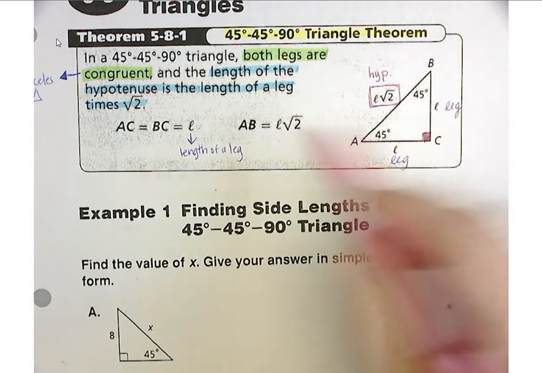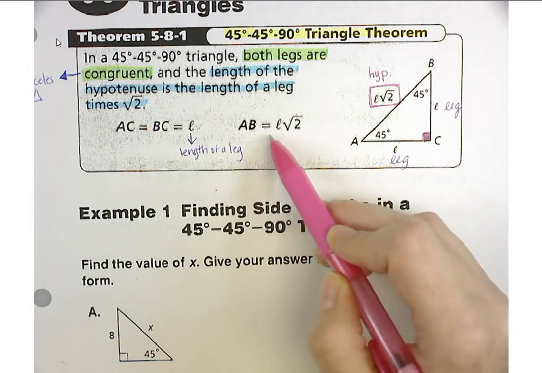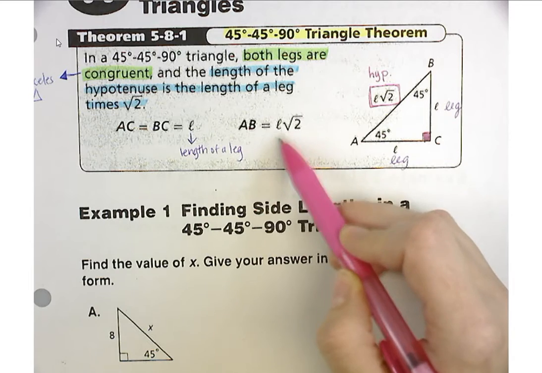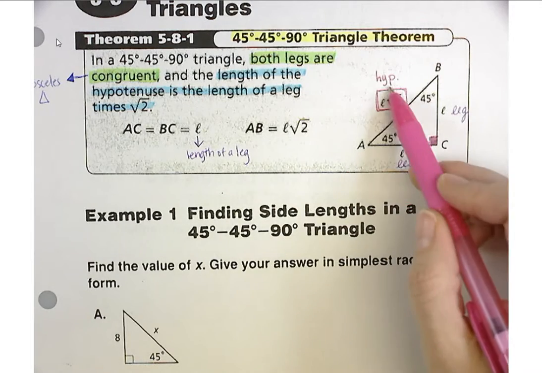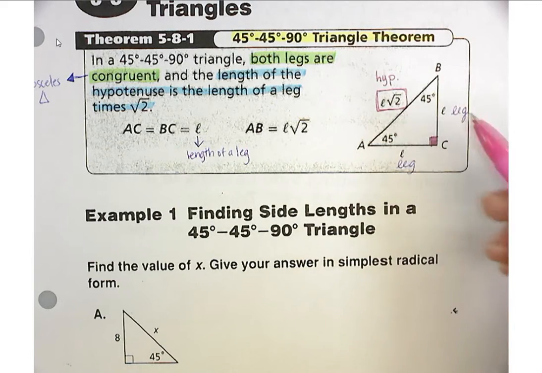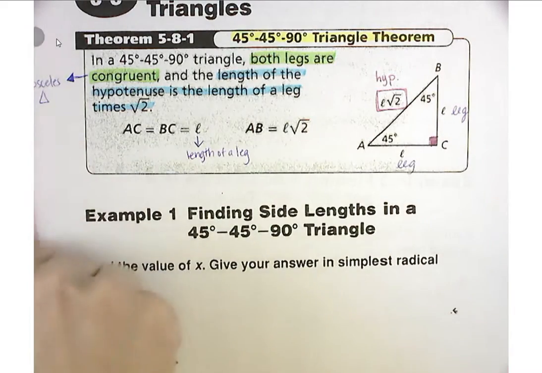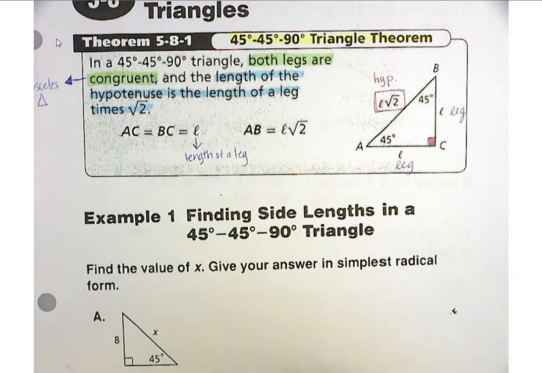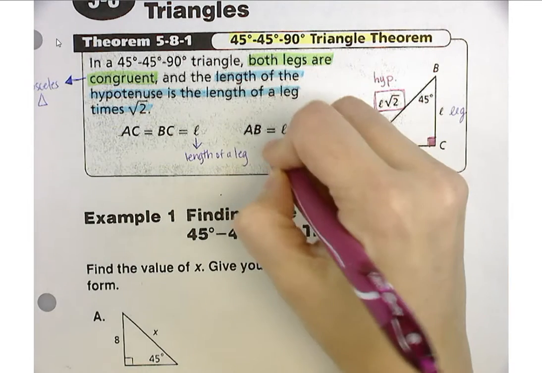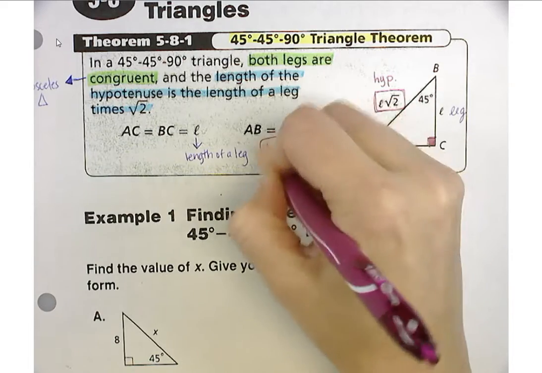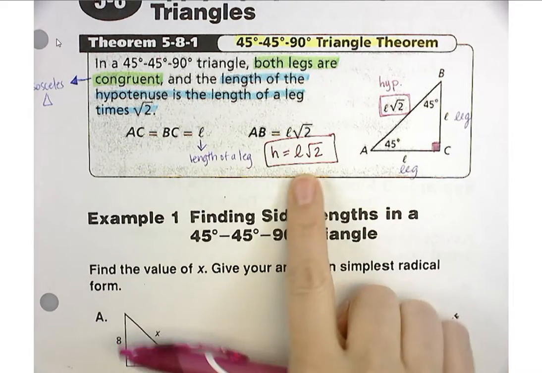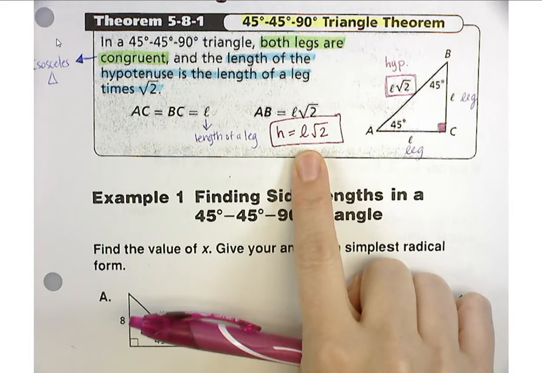So for this, it tells you AB is equal to, we have this L root 2. What this is telling you is that the hypotenuse, which I like to abbreviate as H, is going to be equal to the length of your leg times the square root of 2. So this is going to be your special rule.